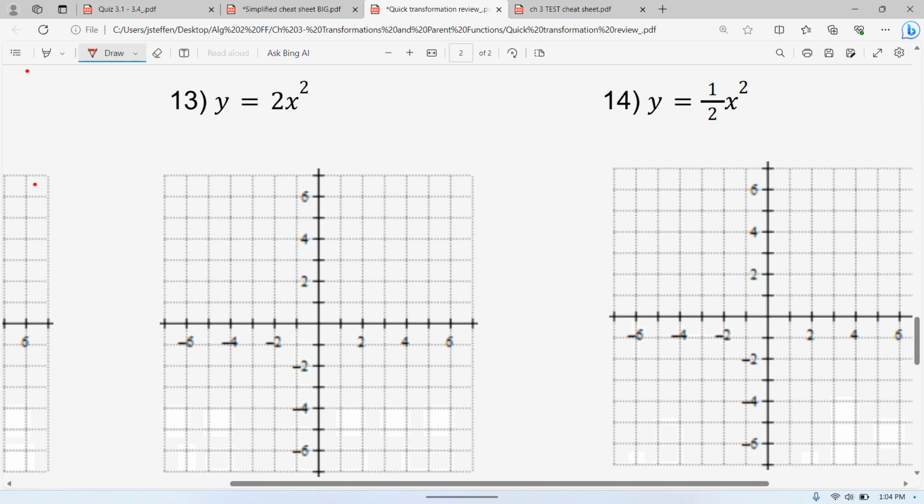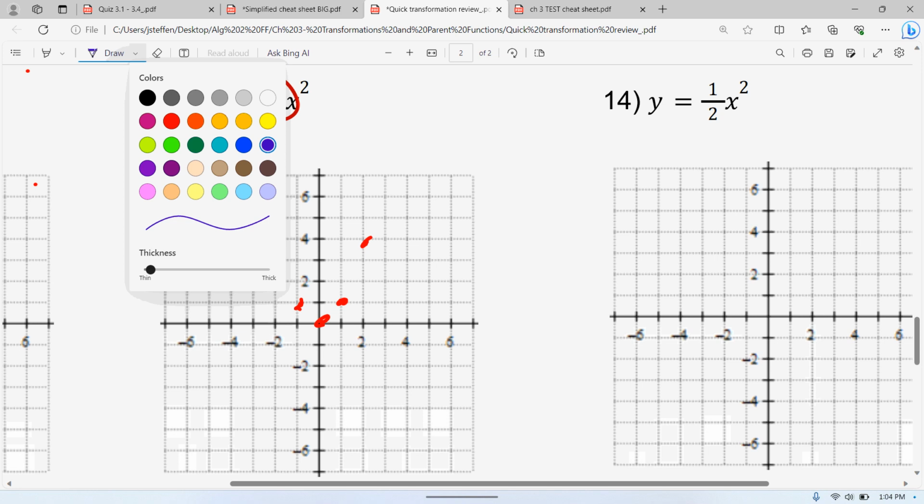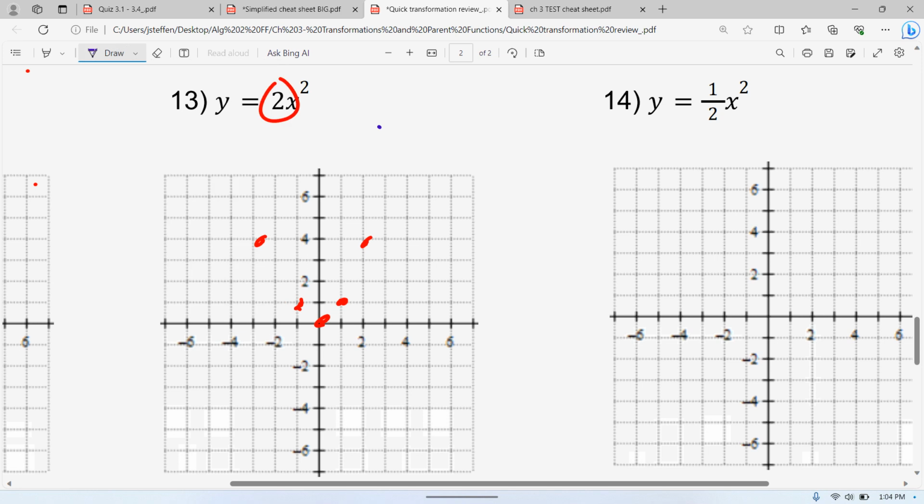So for this one, this is a parabola. So this is by a factor of 2. So again, what that means is however high your dot is off of the graph, whatever that distance is, you're multiplying it by 2 because we have the 2 here.